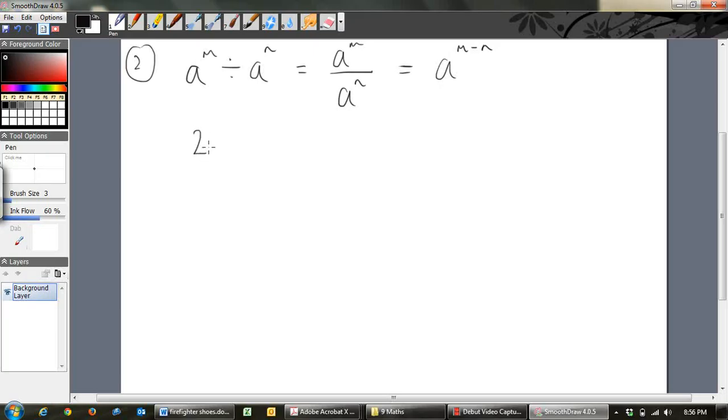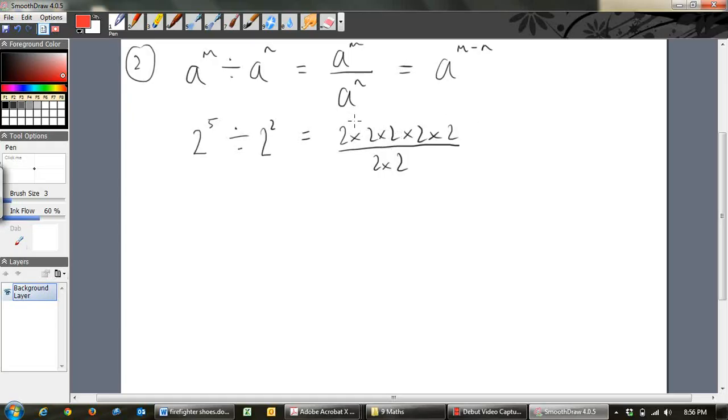Again, it's obvious if you write it out. 2 to the power 5 divided by 2 squared. If you write that as a fraction, that means 2 times 2 times 2 times 2 times 2, divided by 2 times 2. What happens?